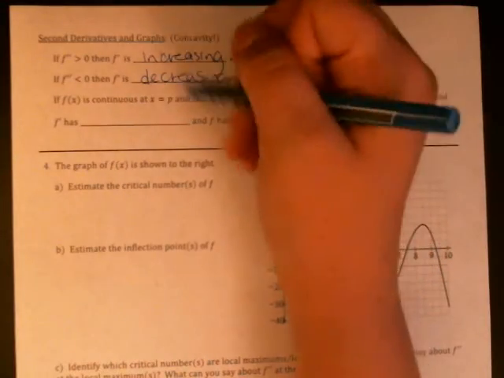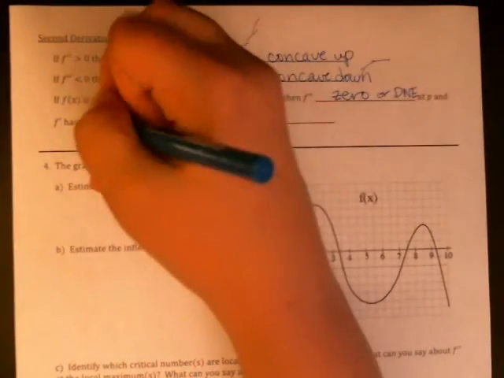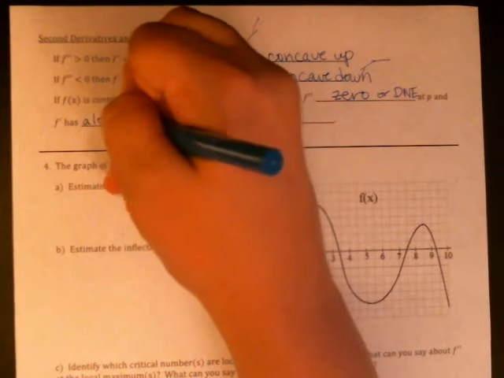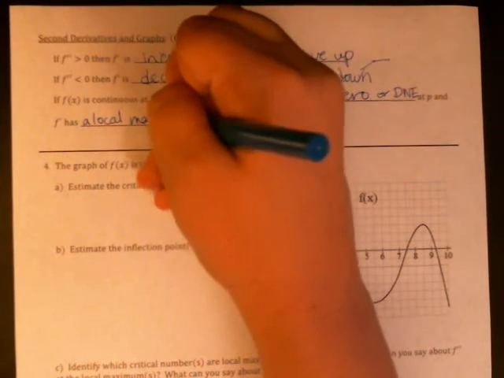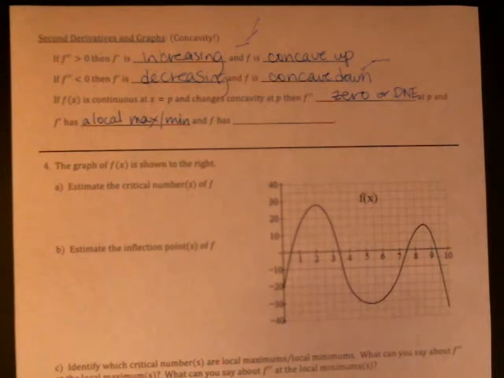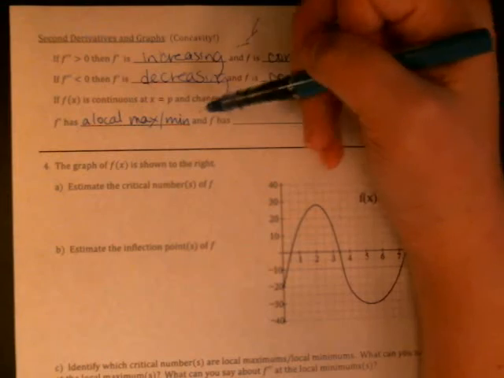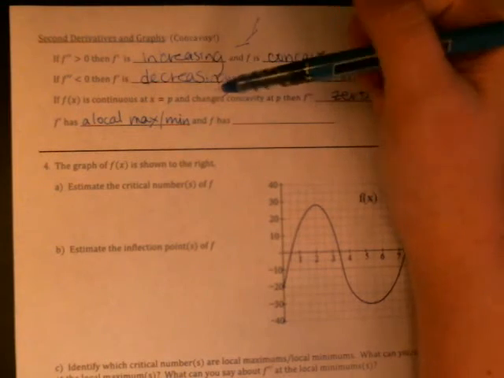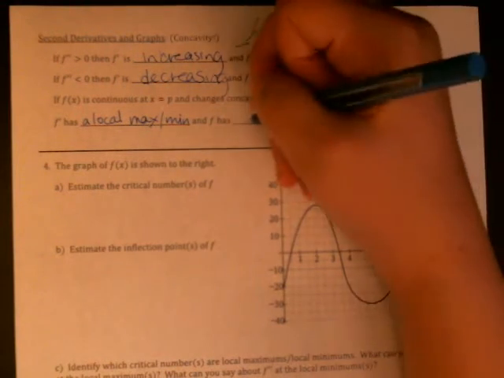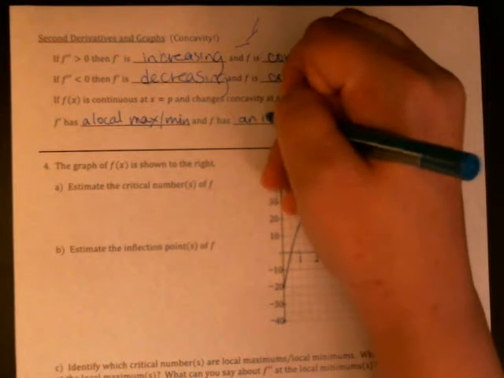The points where concavity changes are local maxes or mins of the first derivative. And if we want to talk about what's going on with the function, a point where the function changes concavity is called an inflection point.